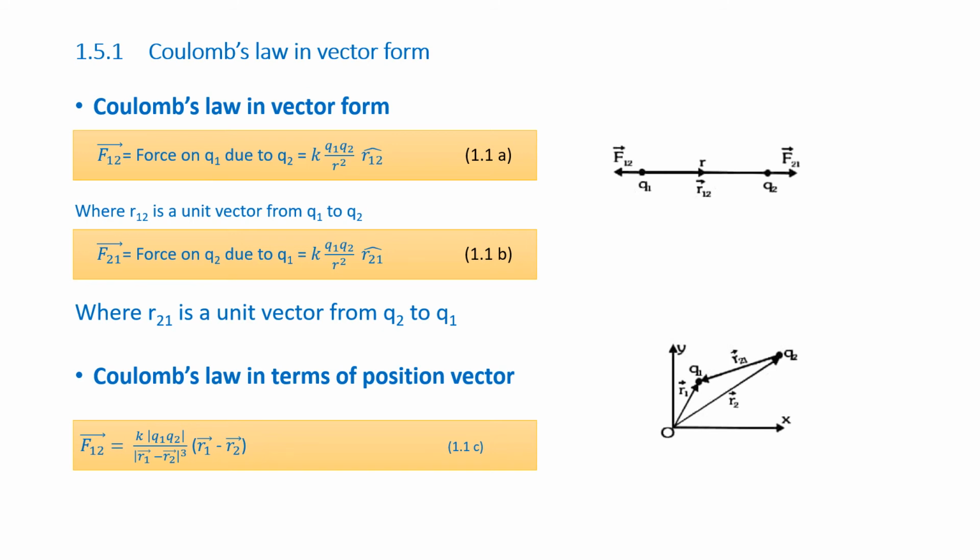So, we can find the direct distance between Q1 and Q2 vectorially, which is given by r1 minus r2. So, Coulomb's law in terms of position vector can be written as force F12 equals k into modulus Q1 Q2 divided by modulus r1 minus r2 whole cube into r1 minus r2.